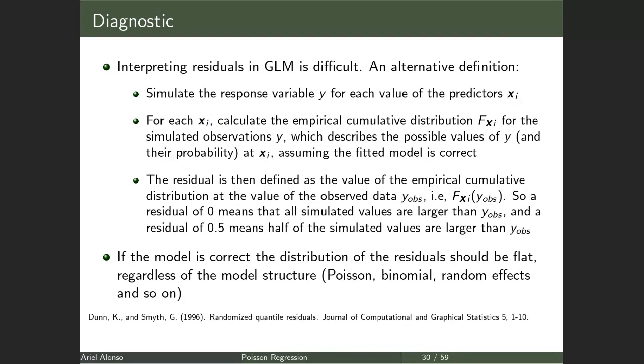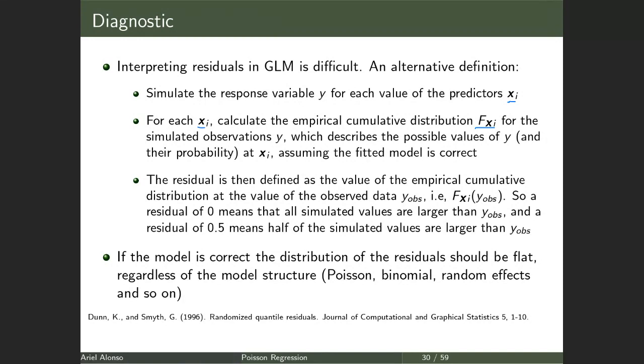So let's go back. For each value of xi, assuming that your model is correct, you're going to use your model to generate several responses for each specific value of xi. So now for each xi you have several y's, and you're going to use them to construct the empirical cumulative distribution. What this cumulative distribution gives you is the possible values that y can take for that specific value of the predictors and the corresponding probabilities.